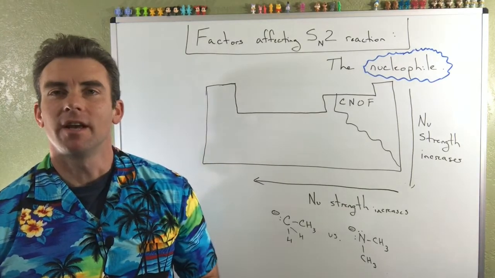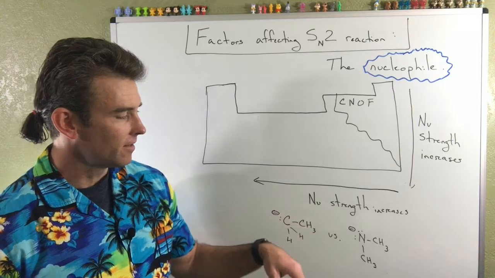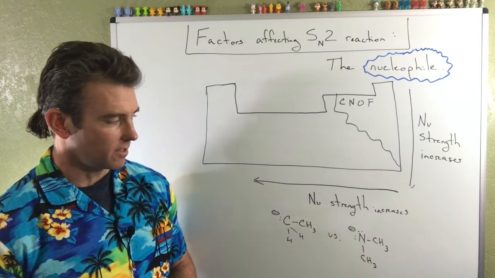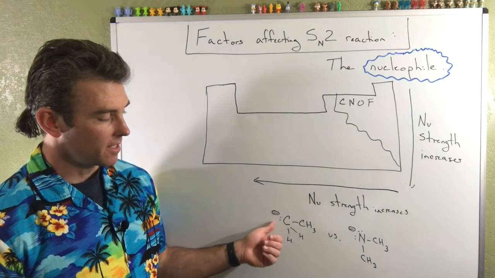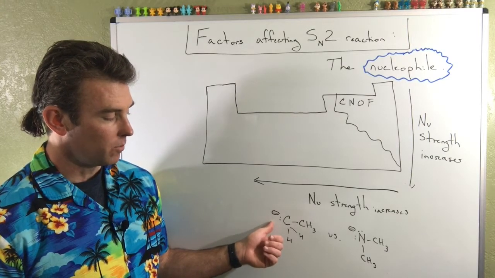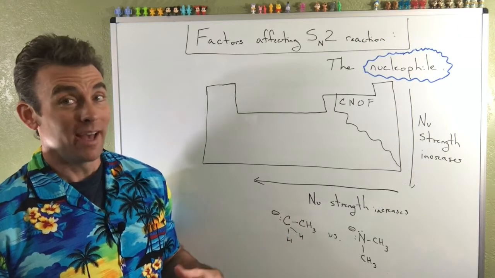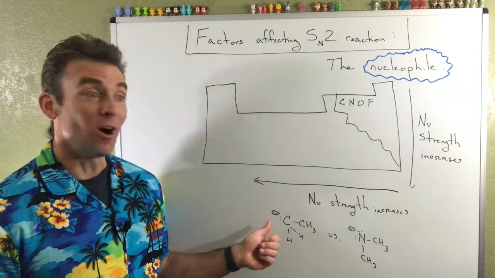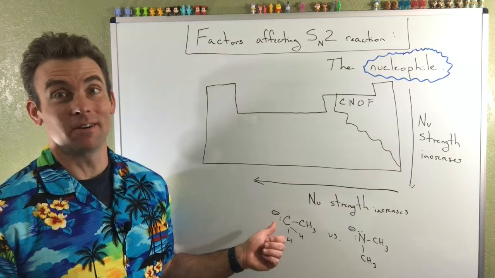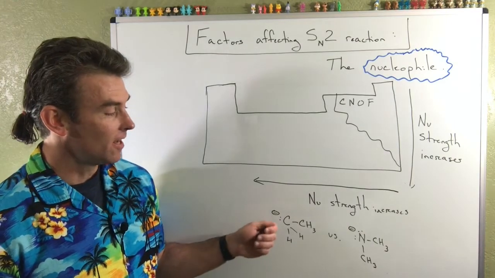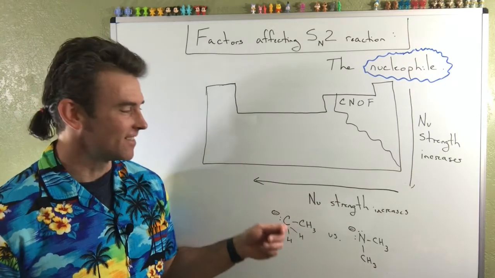So just a typical situation here is to see something like this where you have to pick out which one is the stronger nucleophile. What I'm saying is that the carbanion will be the slightly stronger nucleophile. By the way, there are some other issues with this that we'll talk about in terms of its basicity, which we'll talk about in the next discussion. These aren't slides.